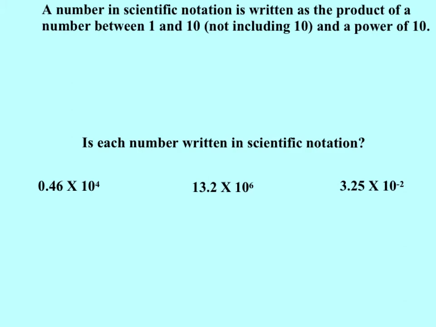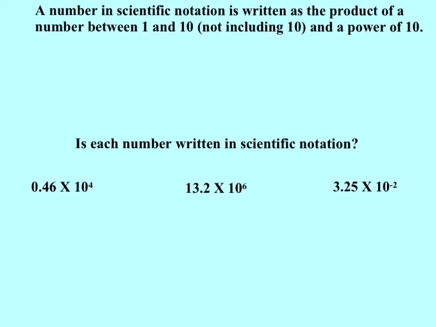So let's go over the definition of scientific notation. A number in scientific notation is written as a product of a number between 1 and 10, not including 10, and a power of 10. So if you remember, this is what it looks like. Here we have a number, and this number is in between 1 and 10, and we have a multiplication sign.